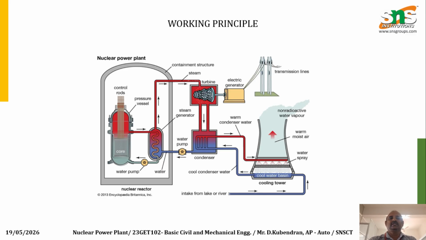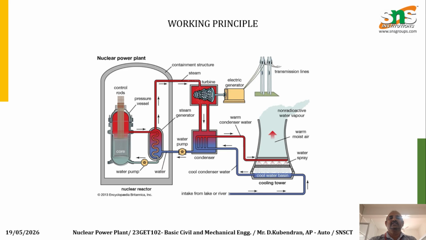Steam production. The heat from the coolant is transferred to water in the steam generator, turning the water into steam. Turbine rotation. High-pressure steam flows into the turbine, causing it to spin, converting thermal energy into mechanical energy. Electricity generation. The mechanical energy from the turbine drives the generator, which converts it into electrical energy.